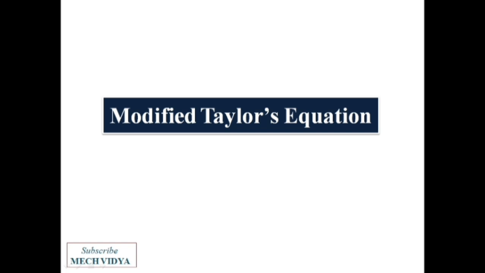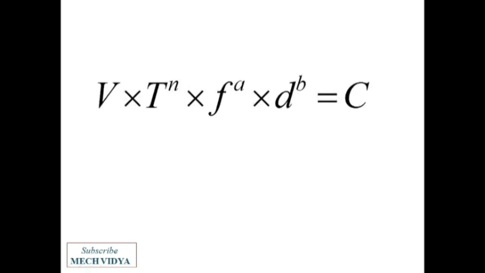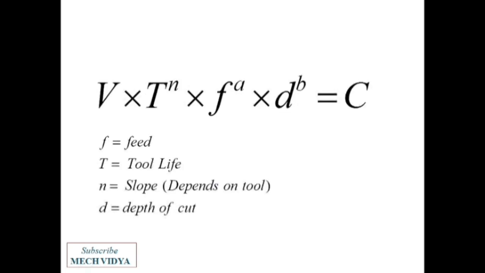One of the most widely used modified equations is this. Along with cutting velocity, the feed rate and the depth of cut have also been taken into account. Here, a and b are empirical exponents which depend on the tool material. Both a and b are less than 1 and a is greater than b.